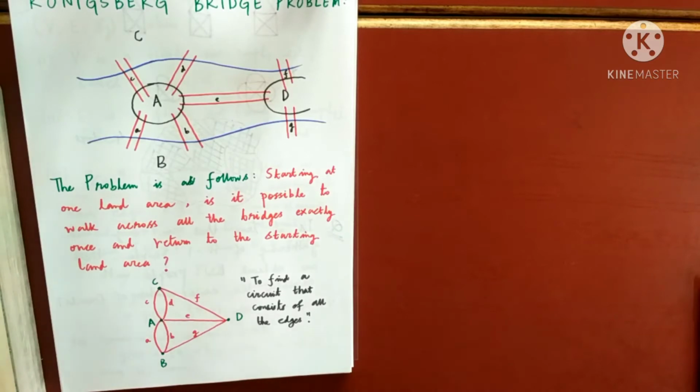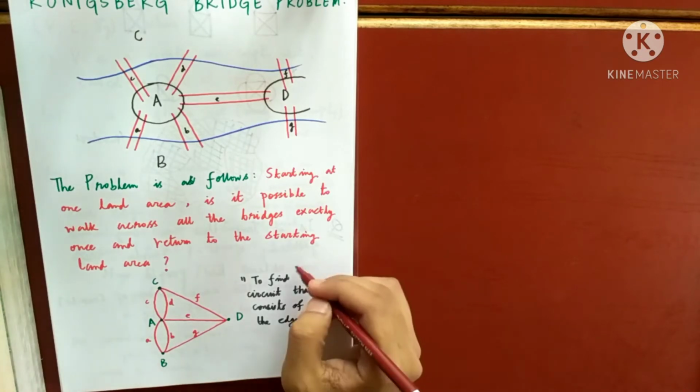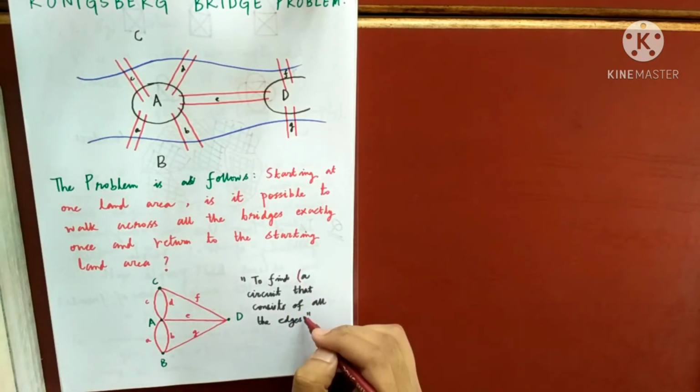So now try to understand my point. The Königsberg bridge problem has now been reduced to this problem: you have to find a circuit that consists of all the edges.